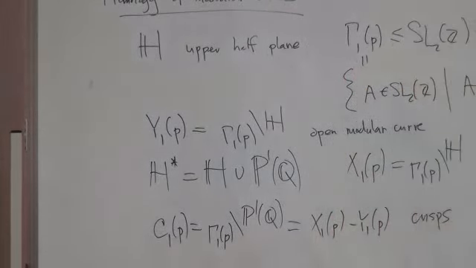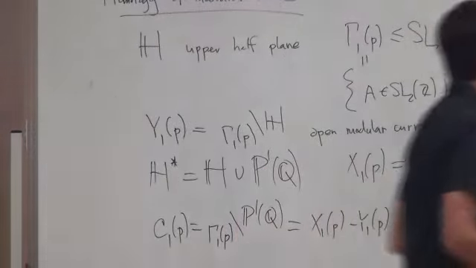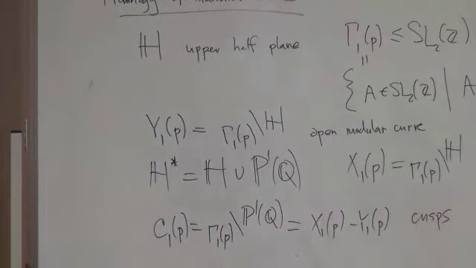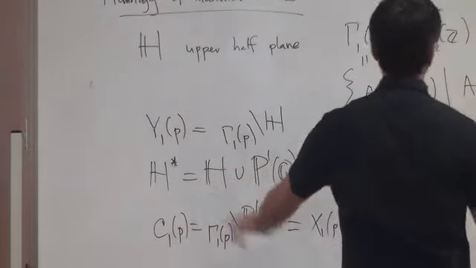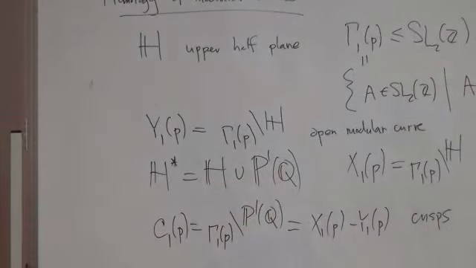Okay, so now what I want to consider is homology, H1, in the sense of algebraic topology, of X1(p) relative to the cusps. And because everything has been Z_p so far, I will just take coefficients in Z_p.